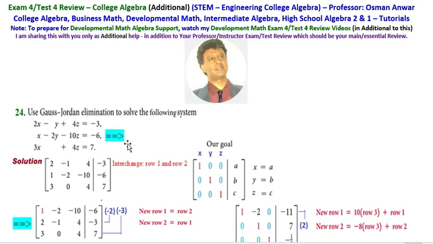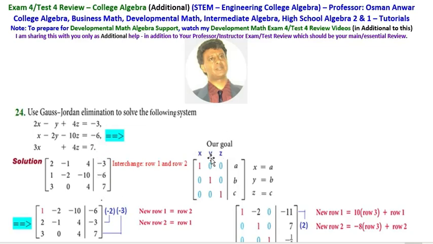So we're going to convert this to a matrix. For x you have 2, 1, 3. For y, minus 1, minus 2, 0. For z, 4, minus 10, 4. Augmented with minus 3, minus 6, 7.